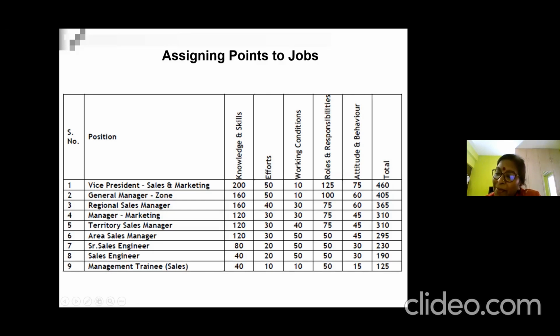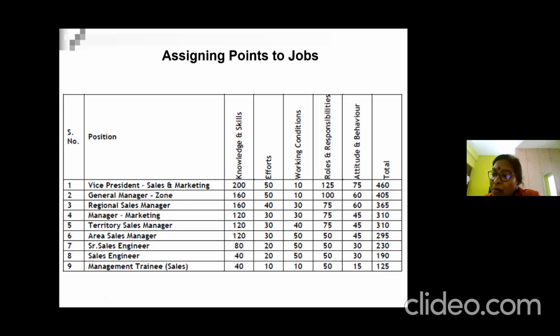So when I'm designing a salary structure, obviously the job with the highest points will be in a higher band, and the job with the lower points will be in a lower band. Are you looking at it? So it's very easy. For example, Vice President Sales and Marketing 460, General Manager Zone 405, 365, 310. Now, if you notice, these are all jobs pertaining to the sales and marketing function.